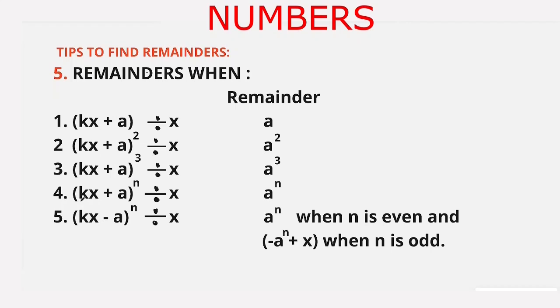Part 4: kx plus a whole raised to power n when divided by x, the remainder is a to the power n. And part 5: kx minus a whole to the power n when divided by x, the remainder is a to the power n when n is even, and minus a to the power n plus x when n is odd.